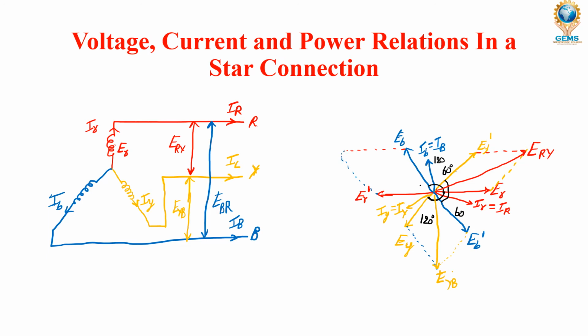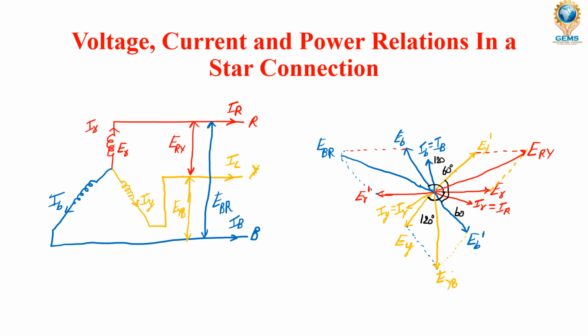Here this is the R line voltage, this is the Y line voltage. Next this is going to be the B line voltage: E BR, RY, YB, BR. So these are the line voltages.